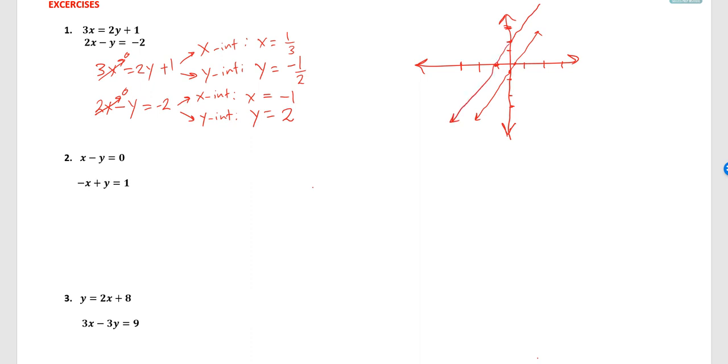These two are going to be parallel. So this system of equations will have no solutions, because these will be parallel.